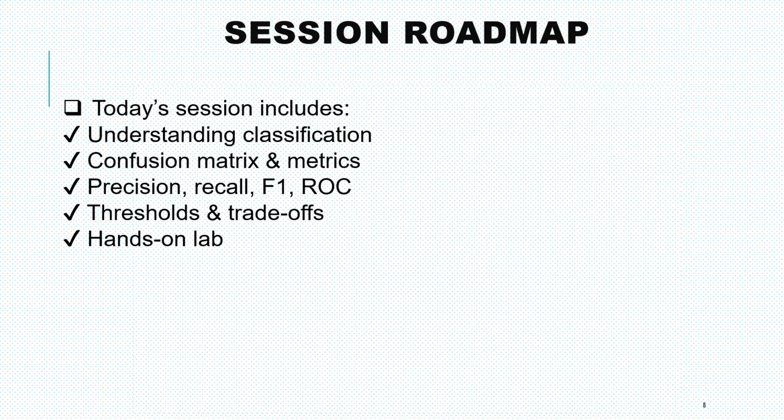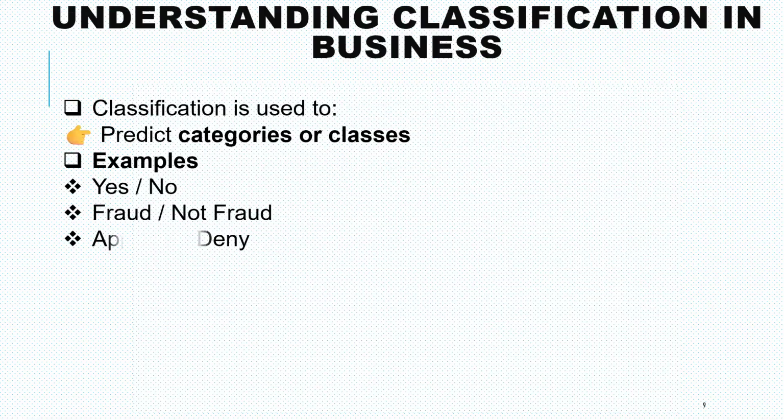Understanding classification in businesses. Classification is used to predict categories or classes. For instance, yes or no, fraud or not fraud, approve or deny, pass or fail. That is classification. We don't care about how many pass or how many failed.